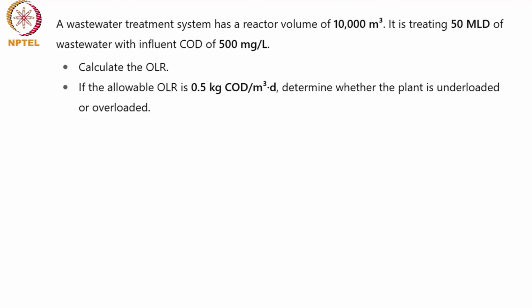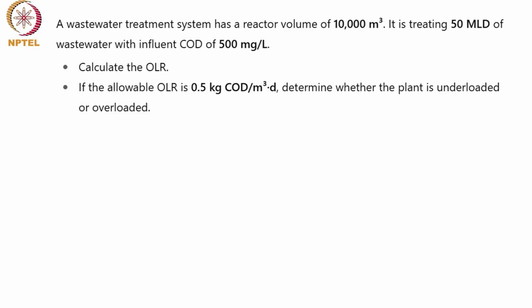I'll just share this thing. See here, Q into COD in, divided by volume. Okay, so 50 mld into 500 mg per liter will give kg per day of COD. Okay, divided by volume, which is nothing but 10,000.